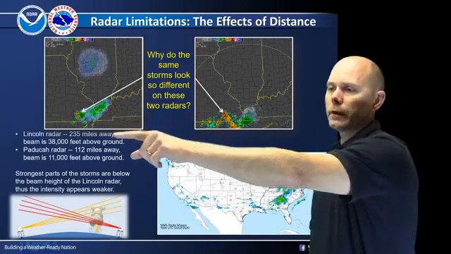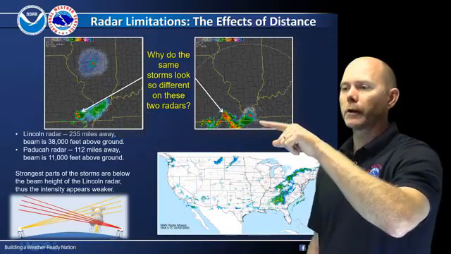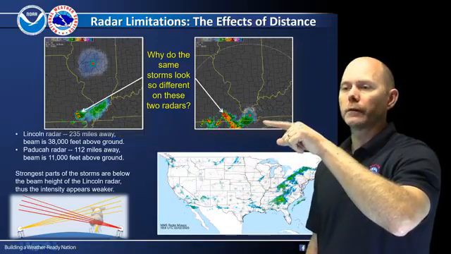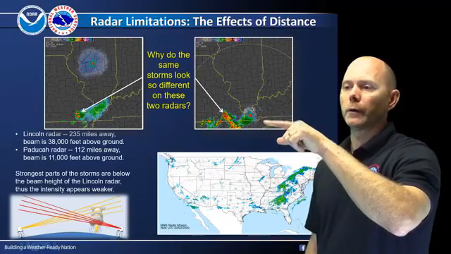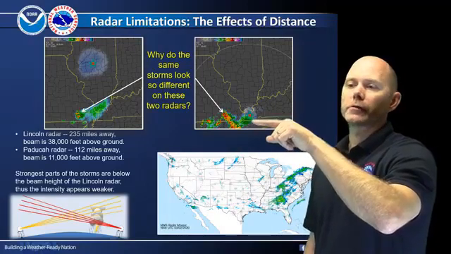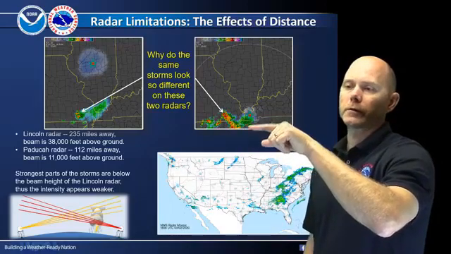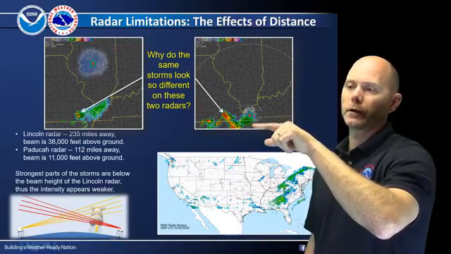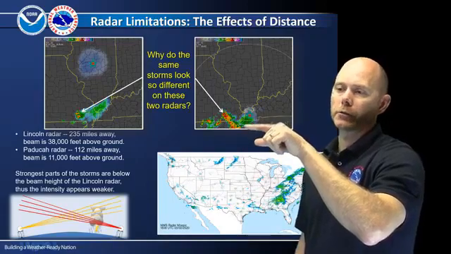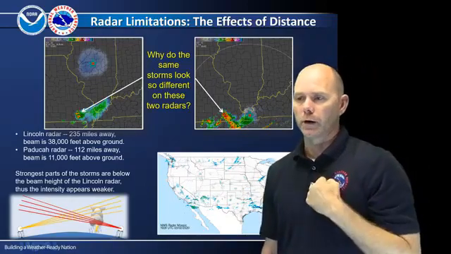Now, if you look at this radar over here in Paducah, it's only about 100 miles away, and it's looking at the same storms at the same time, but you see a lot more going on. That's because it's looking at the mid and upper levels and giving you a lot clearer picture of what's going on actually at the ground.